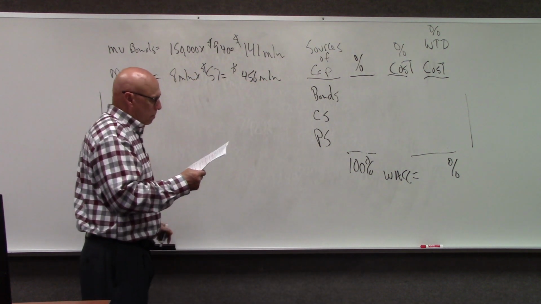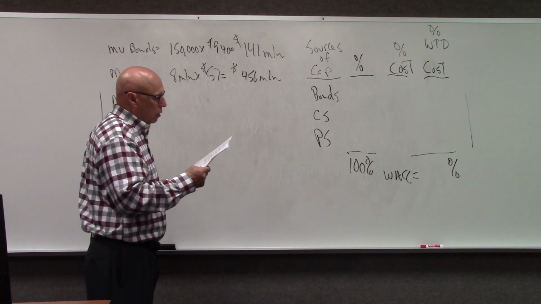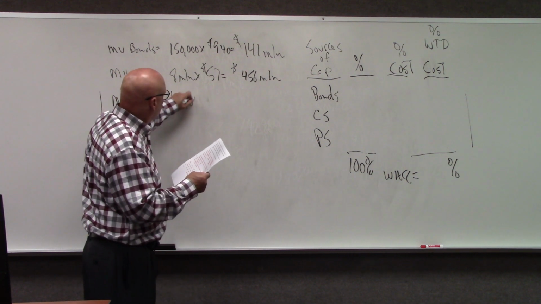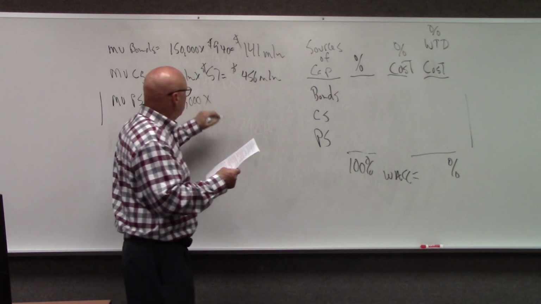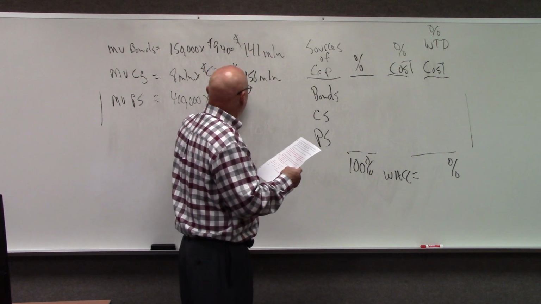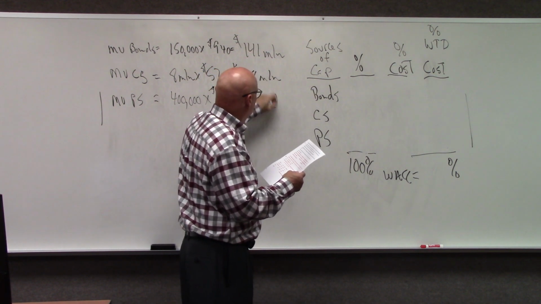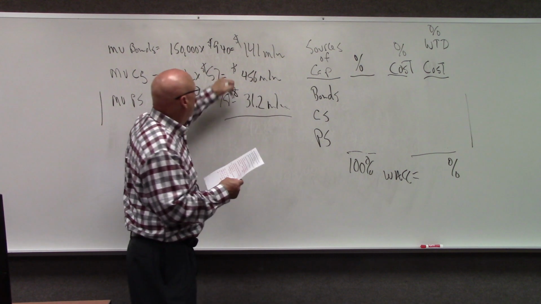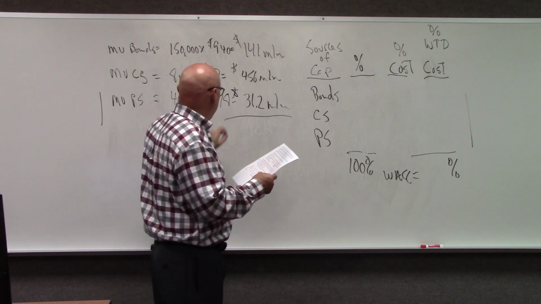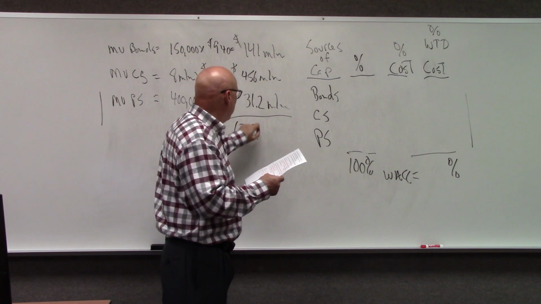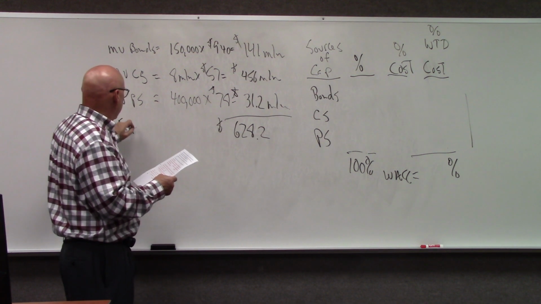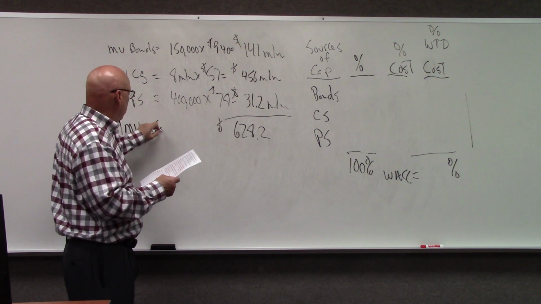All right, preferred stock is 400,000 shares times $78 a share and we have 31.2 million. Let's add them up. 141 million, 456 million, 31.2 million, and we have 628.2 million in total. Total market value of our capital.